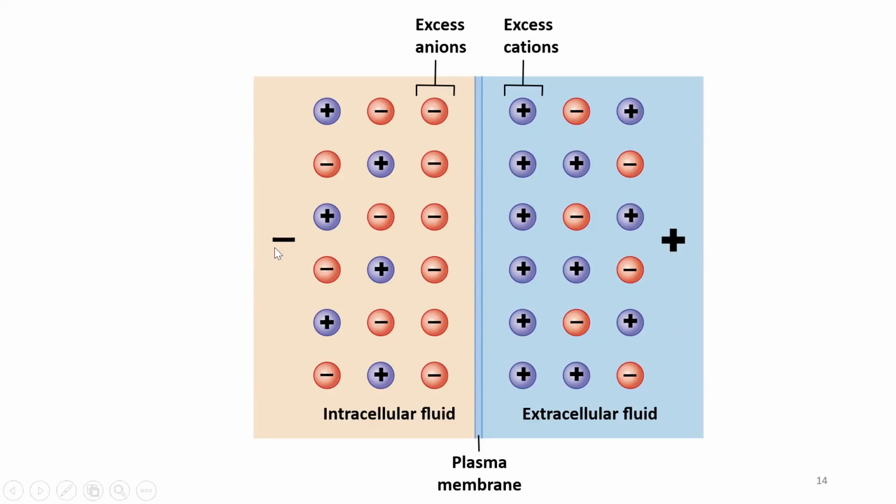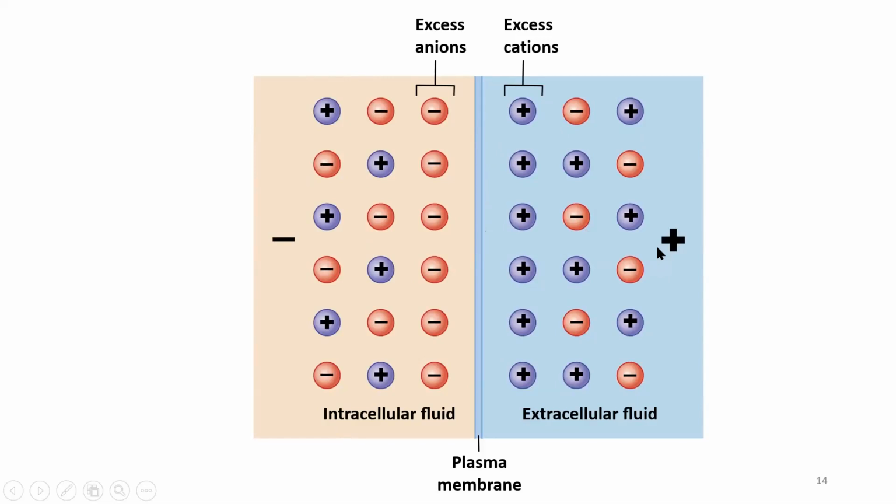So if we had all negative charge on the inside and all negative charge on the outside, we would not have any potential to move any of these particles. There would be zero membrane potential. But because we have a separation of charge, because we have an unequal distribution of the charges, we've got more negative inside the cell, we've got more positive or more cations outside the cell.